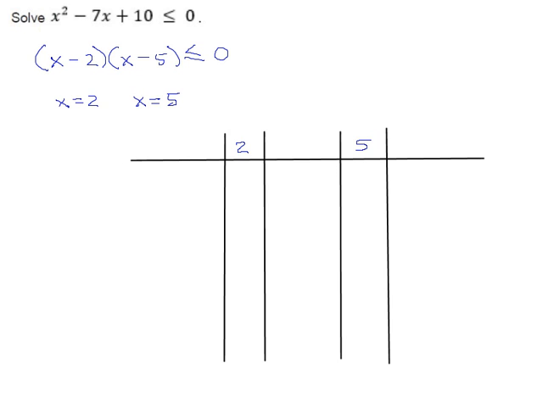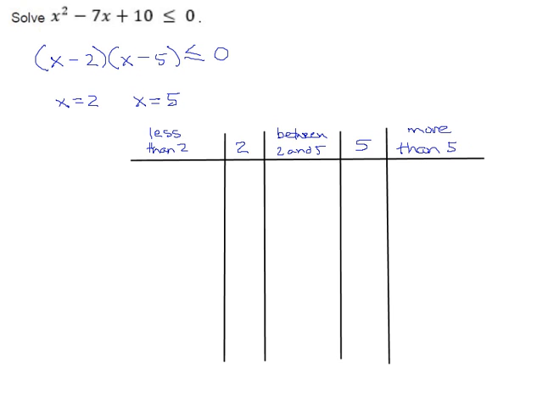And we're also going to look at what happens when x is less than 2. We're going to look at how it behaves when we're between 2 and 5. And we're going to see what happens when x is more than 5.